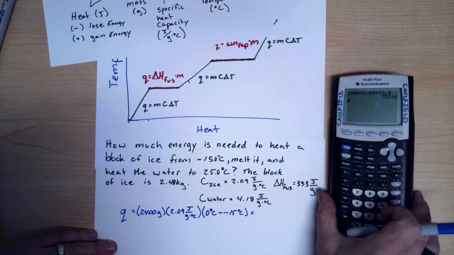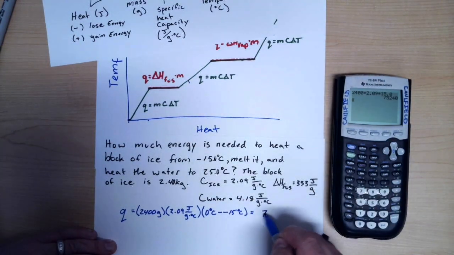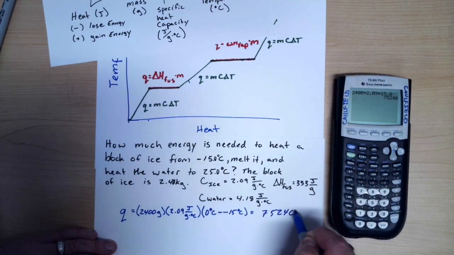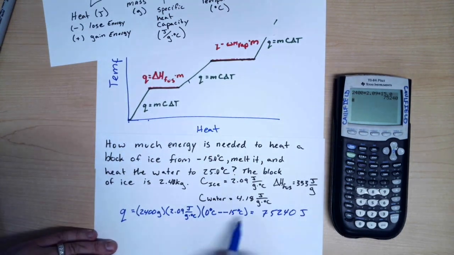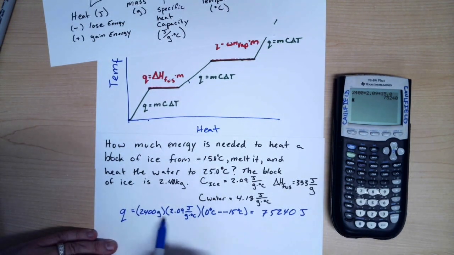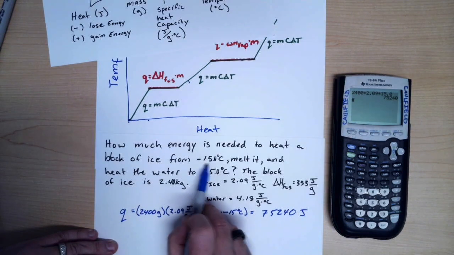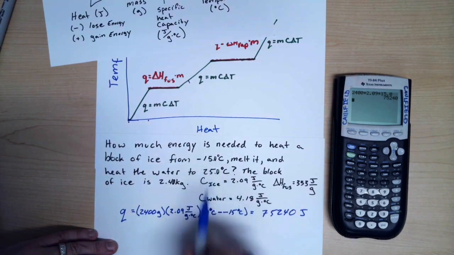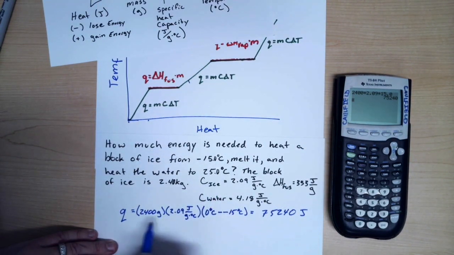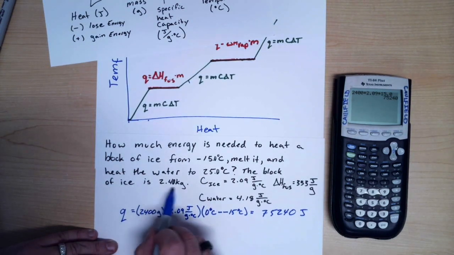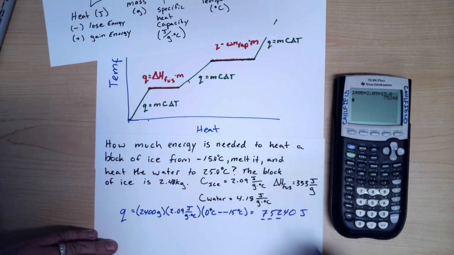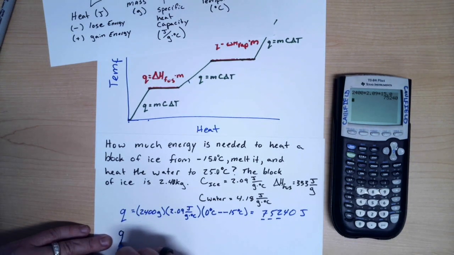When I do this calculation out, I get 75,240 joules. Degree C cancels, gram cancels gram, and I'm left in joules. This has 3 sig figs, and remember, this guy actually has 3 sig figs too. So I'm good there.